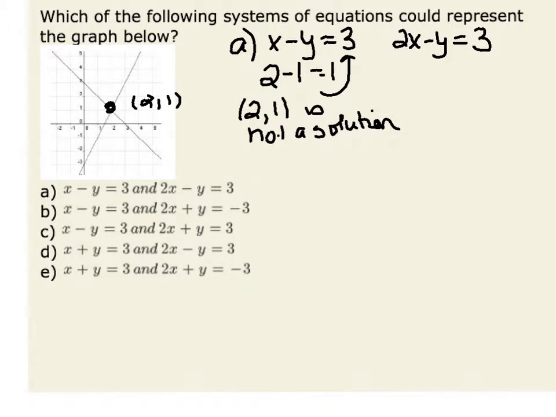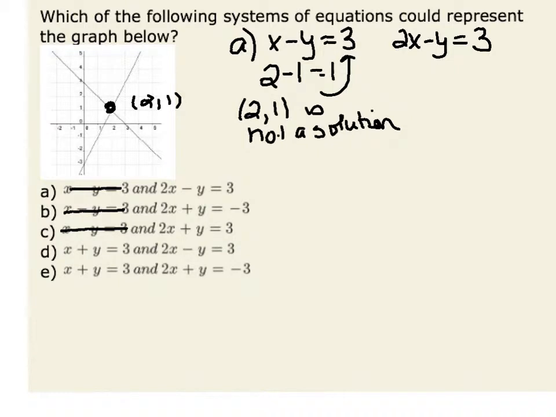Because x minus y equal to 3 is not the appropriate line, I can eliminate choices A, B, and C because both of those have x minus y is equal to 3 in their systems of linear equations.